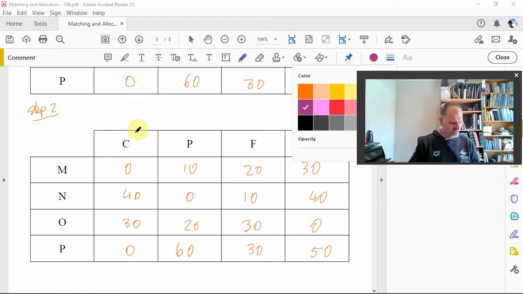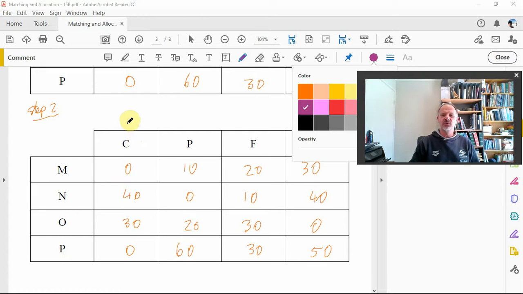At step 2, we put lines through the columns and or rows containing a 0, but we want the fewest. If I do rows, 1, 2, 3, there'd be 4. But if I do columns, there's 1, 2, 3, right?